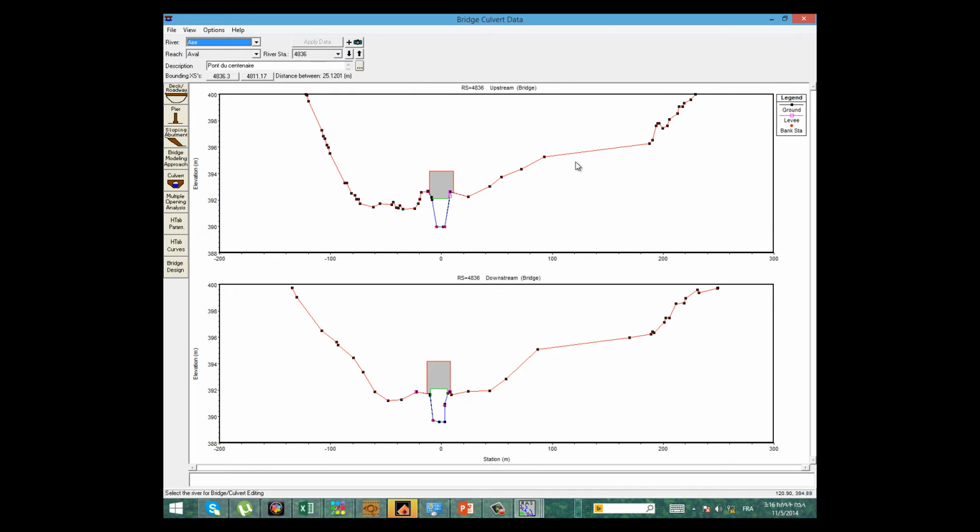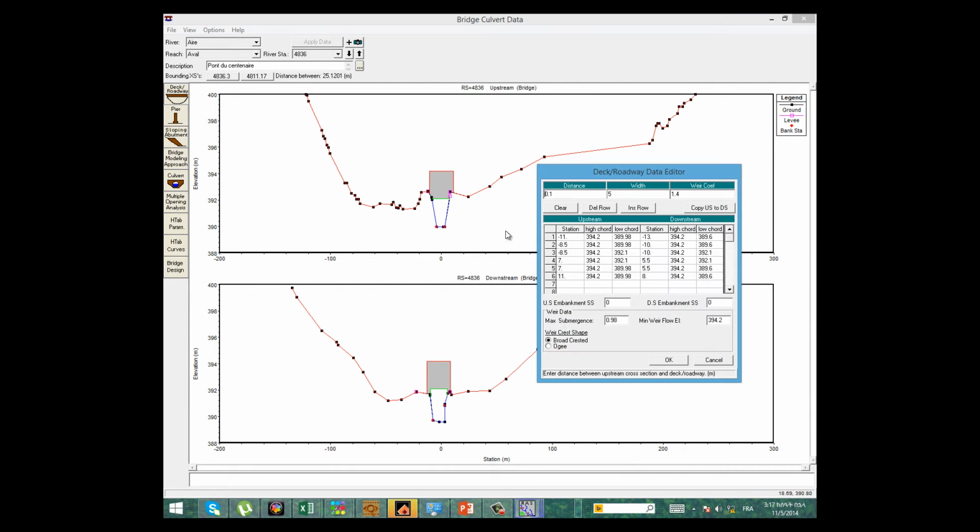We need the bridges in proper order. For example, we need the decks. The high chord is the top part of the deck, and the low chord is the lower part of the deck.